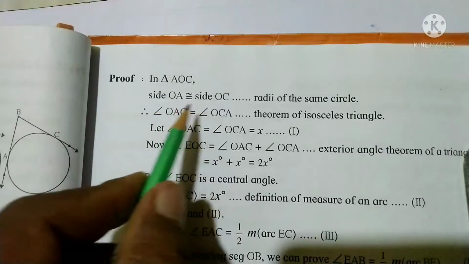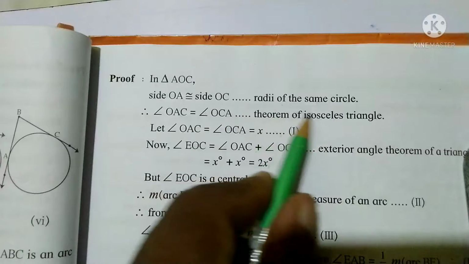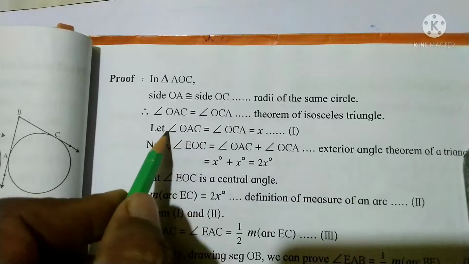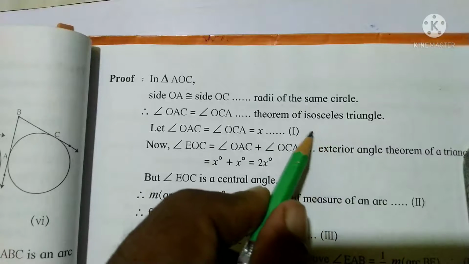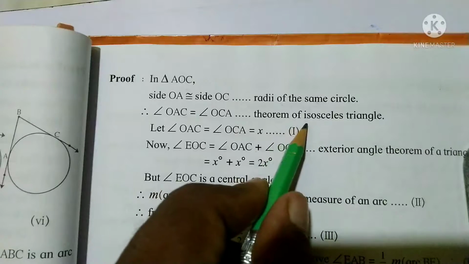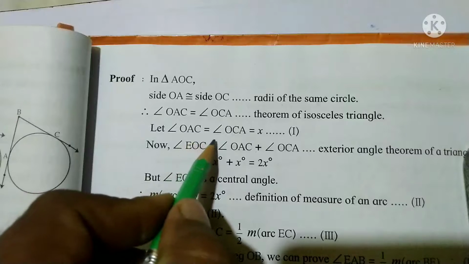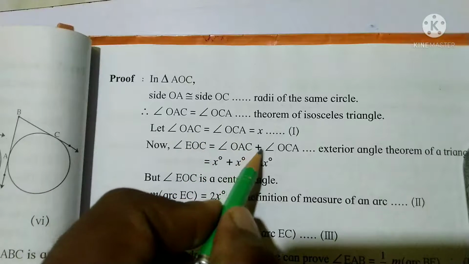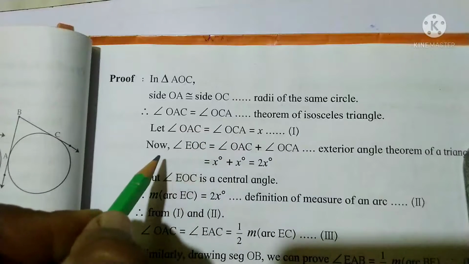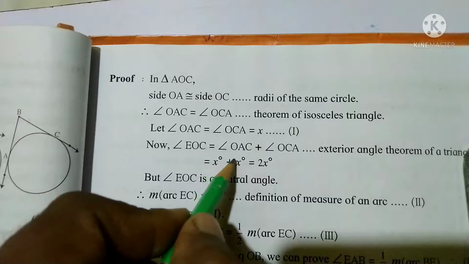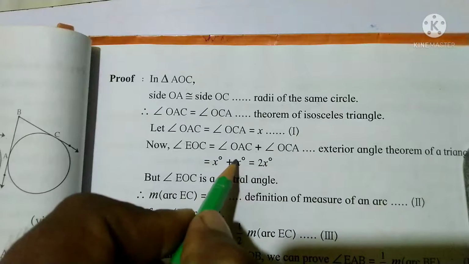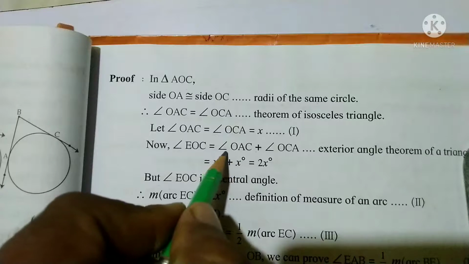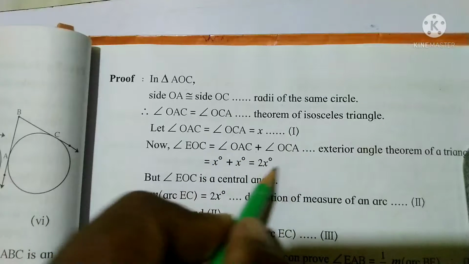So in triangle AOC, OA equals OC, radius of the same circle. Angle OAC equals angle OCA, by the isosceles triangle theorem or angle opposite congruent sides. Let angle OAC equal angle OCA equal x, equation 1. Now angle EOC is an exterior angle of triangle AOC, so it equals angle OAC plus angle OCA.